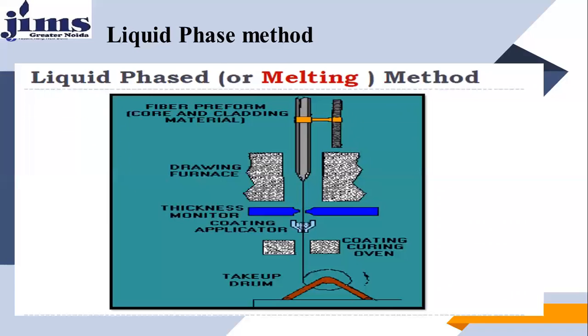The concern is the thickness; the fiber has a very small thickness. Then after that we have a coating. Finally, when we have the optical fiber ready, we perform the coating.